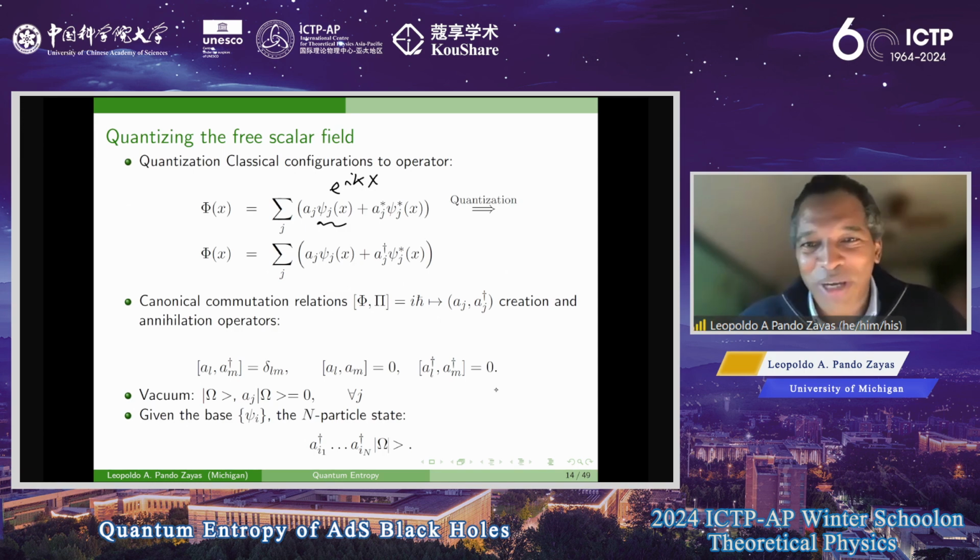Also, we want to make this compatible with the fact that there's no canonical or preferred time, so we have to deal with that. If you look at the canonical commutation relations, then you now have a creation and annihilation operator. You can define your vacuum, and you can define a particle state following this Fock construction.